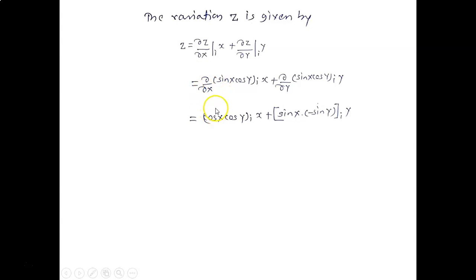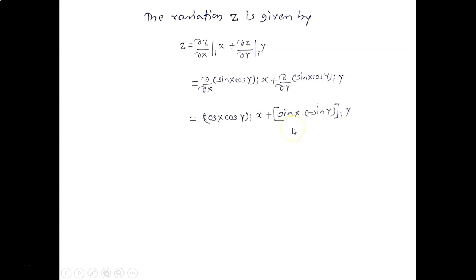We will differentiate this. By differentiation we are getting dou by dou x of sin x is nothing but cos x. Cos y will remain as it is at the point I into small x plus dou by dou y of, now sin x will remain as it is. Now what is the differentiation of cos y? Cos y is equal to minus sin y at the point I into small y.